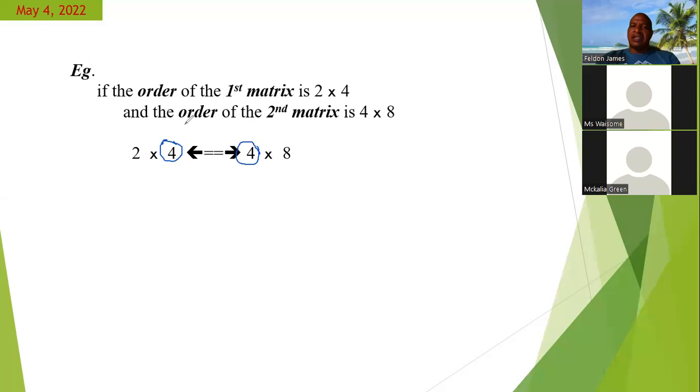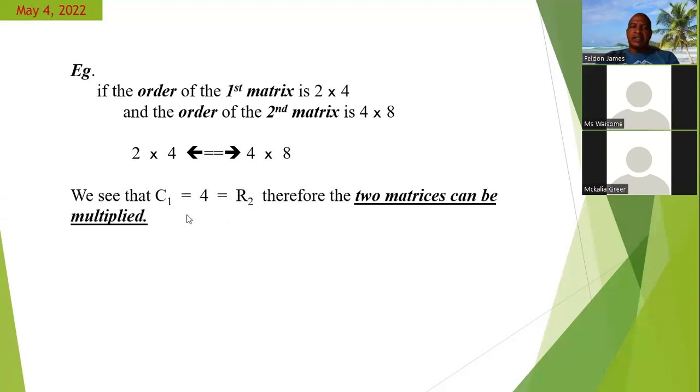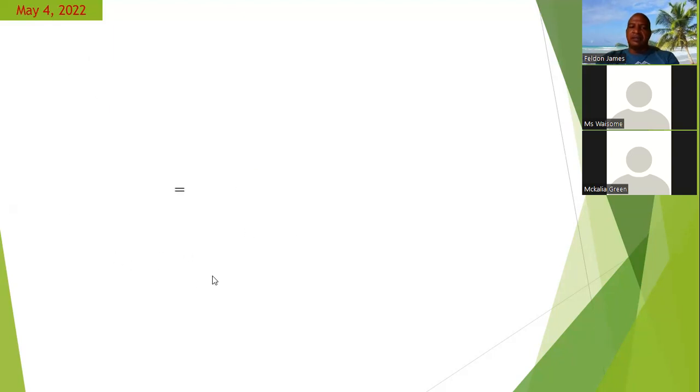At all times, before you jump in and start multiplying, you have to check this condition, because if it is not met, you will be doing foolishness, so to speak. So C1 is equal to 4 and R2 is also equal to 4. Therefore the two matrices can be multiplied.